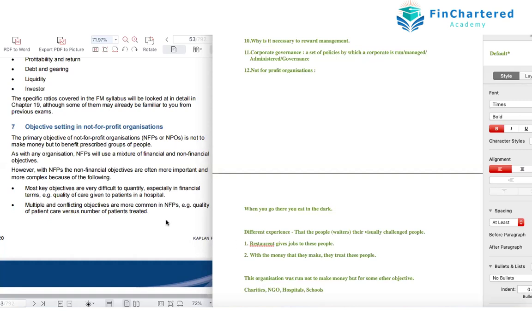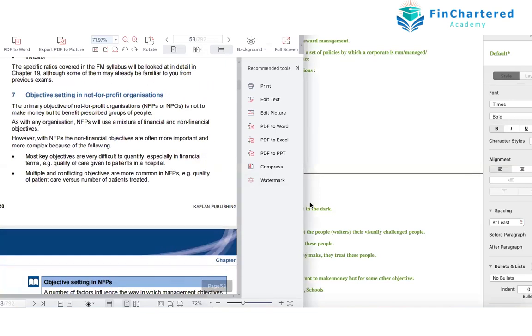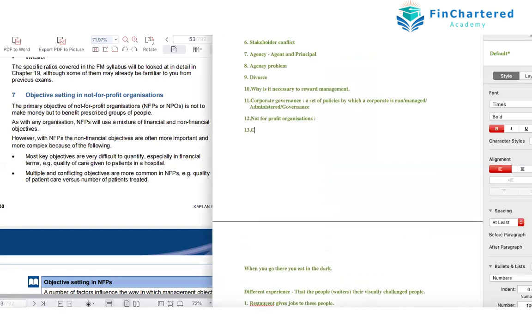Now, what are the challenges of not-for-profit organizations? So we've looked at what not-for-profit organizations are. Now we're looking at the challenges of NFPs. What are the challenges of looking at the objective?